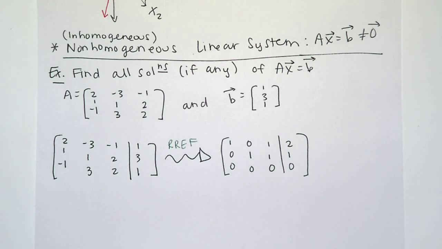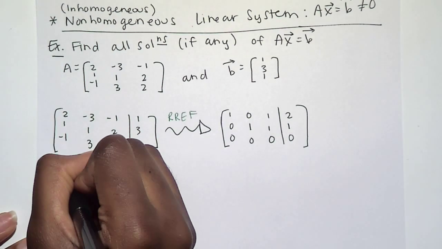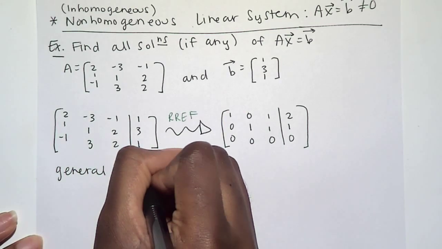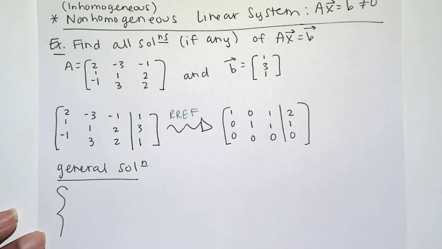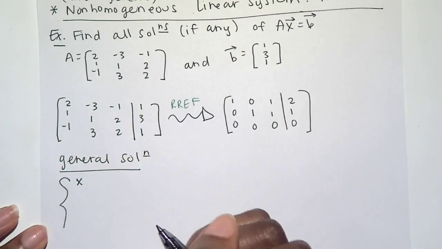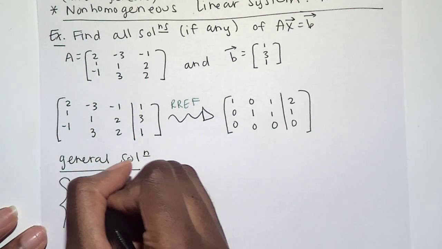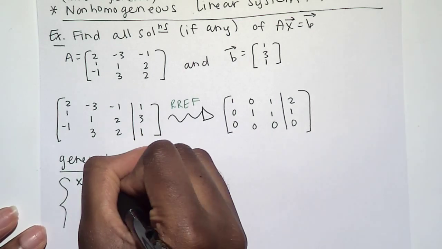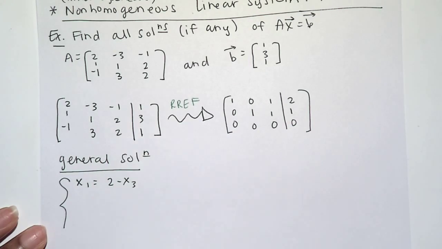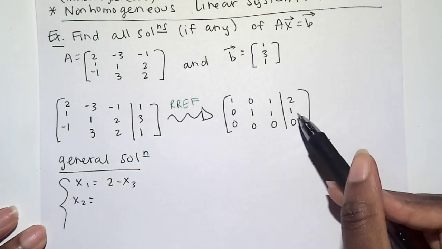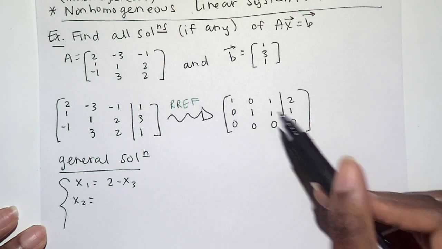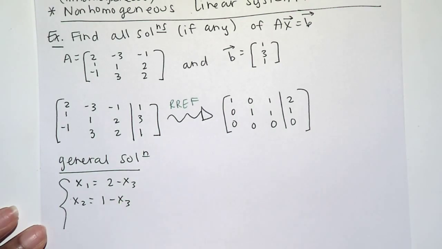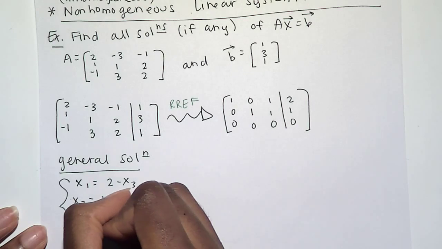Okay. All right, so now we can write our general solution. Okay, so this time we got a little more going on. So x1 we got 2 minus x3. X2 we got 1 minus x3. And then x3 is free.